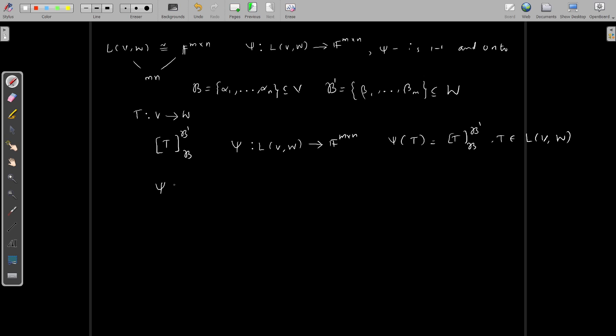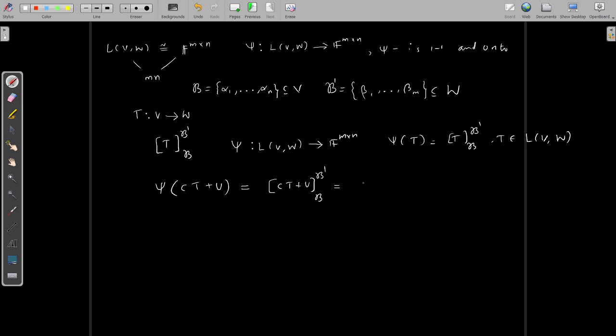In order to prove psi is a linear transformation, we consider psi of cT plus U, where T and U are two linear transformations in L(V,W), and c is a scalar from F. By definition, this is the matrix of cT plus U relative to the bases B and B prime.